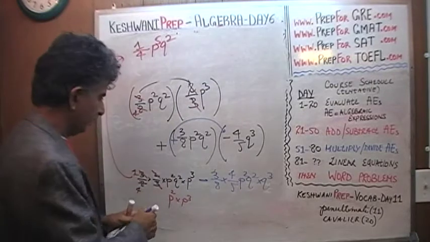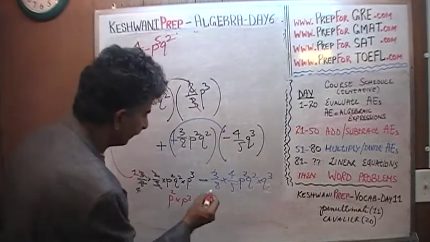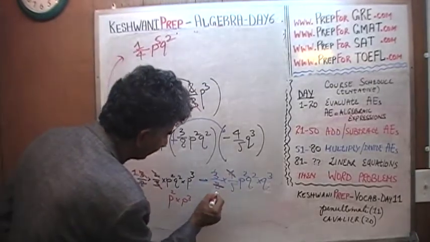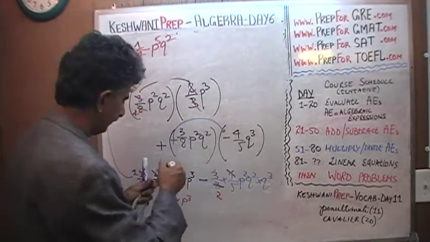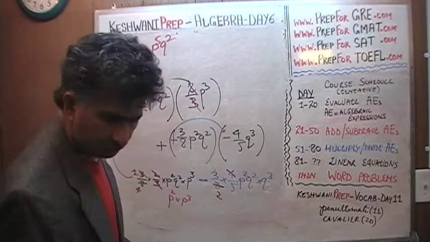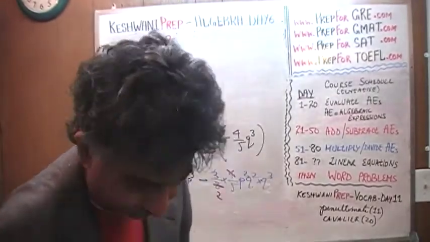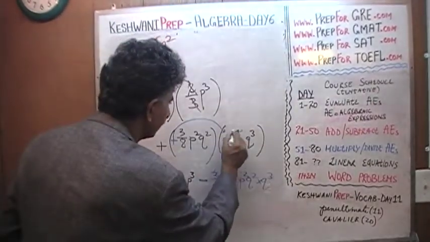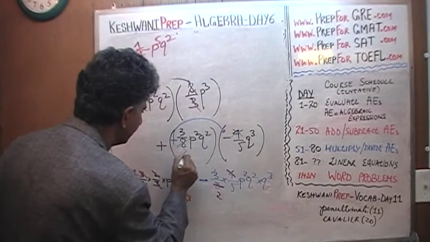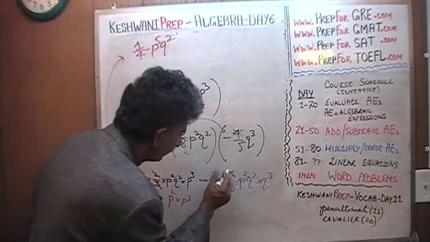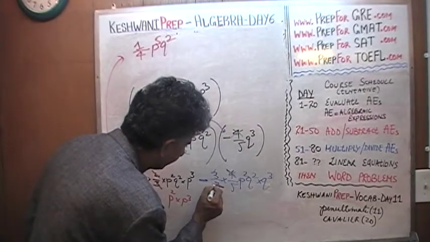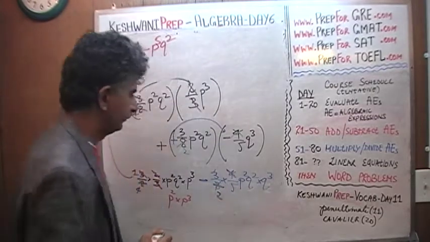I'm going to do the blue one in red because it's easy to see. This 4 is going to cancel out with this 8 and it's going to become 2. Now we could have done the same thing here. This 4 is going to cancel out with this 8 and become 2.